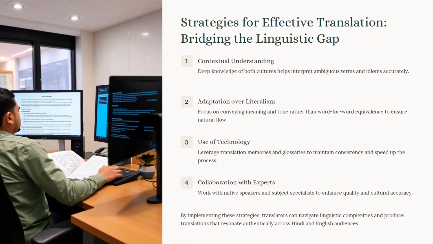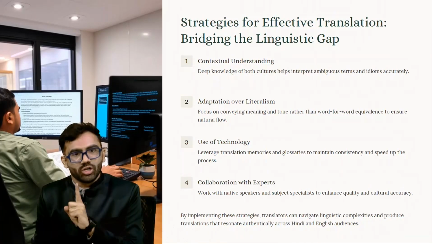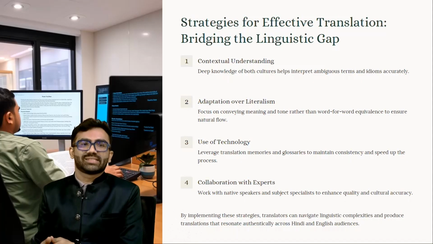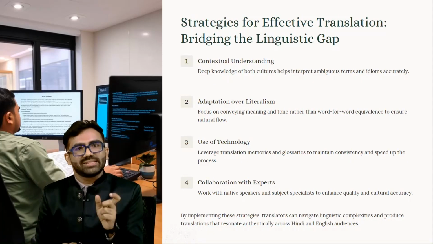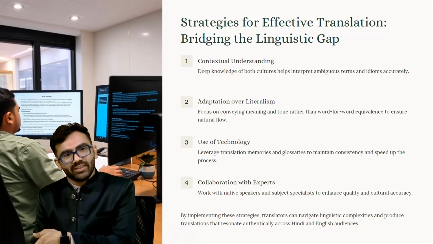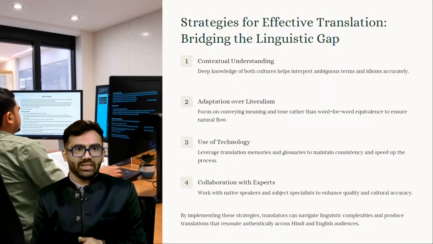Second, adaptation over literalism. Always adapt it. Don't go word for word. Don't do literal translation. Third, use terminologies. And fourth, you always collaborate with subject experts. These are the strategies that we can use while translating from Hindi to English or English to Hindi.